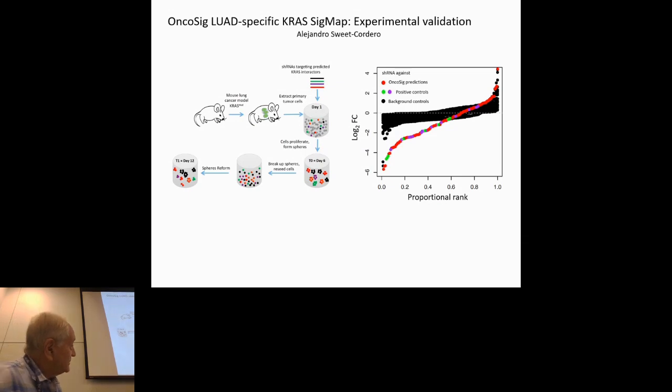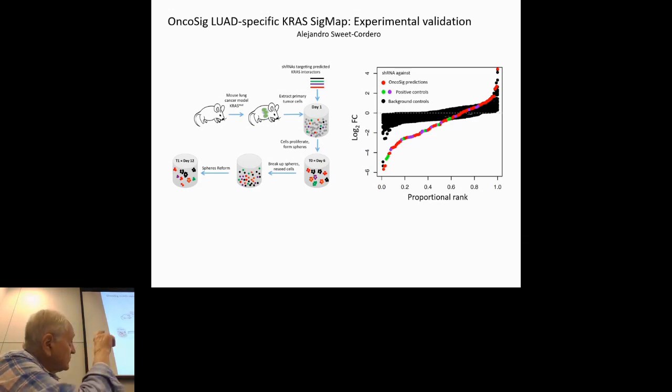The figure on the right shows you proteins that when you knock them down, cell proliferation, the tumor doesn't grow. And red are our predictions, green and purple are various controls. It looks actually worse than it is, and it looks pretty good because every experiment is done 4 times.